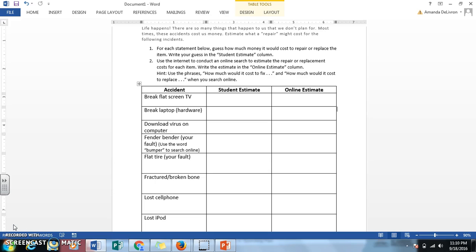So if I don't have a plan in place for these unexpected accidents, then I'm going to have to come up with the money out of what I use to pay for my groceries or pay for my rent or my electricity. So having a plan is quite important so that we can be better prepared for whatever life has to throw in our way.